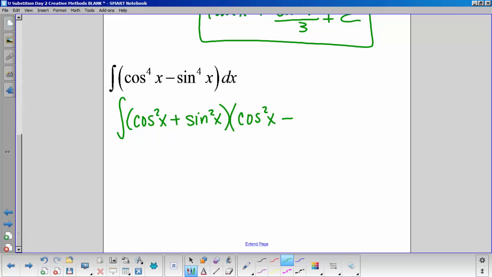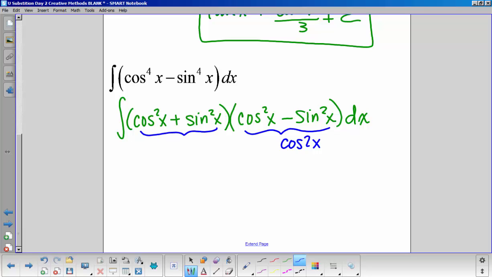Like really wonderful. And then something else, maybe not quite as wonderful, just happened. What? Yes, this is what? Cosine 2x. Woohoo! And this is 1.